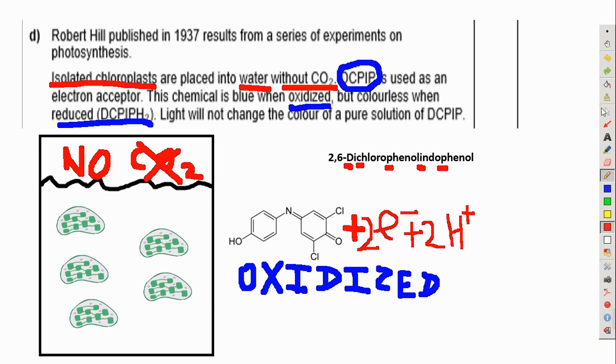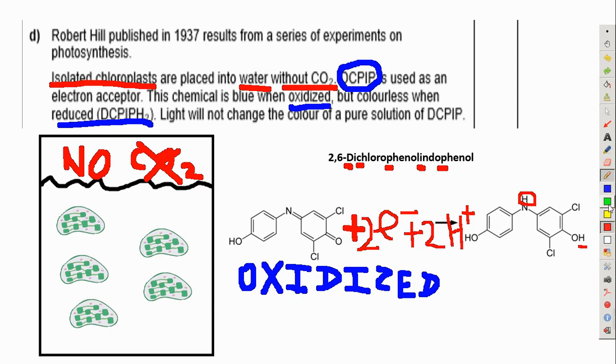This molecule plus 2 electrons plus 2 protons will give this molecule, and you can see that we've got 2 extra hydrogens, one here and one there. So the molecule is still neutral because we've also added 2 electrons.